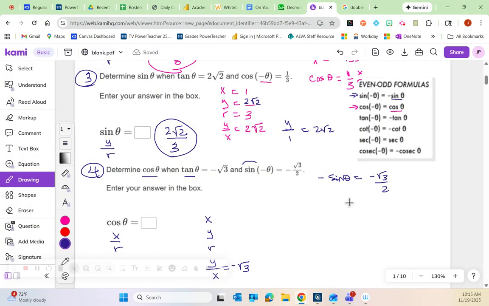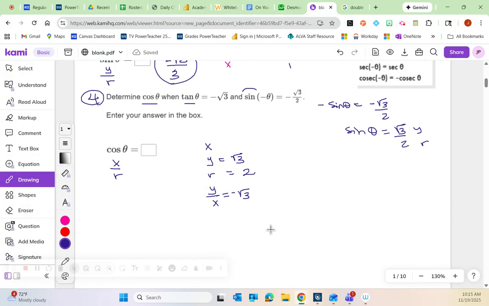I'll divide both sides by negative, and that's going to mean that sine of theta is going to equal positive square root of 3 over 2. That means that sine, okay, this is y, this is r. So that means that my y is square root of 3, and my r is 2.